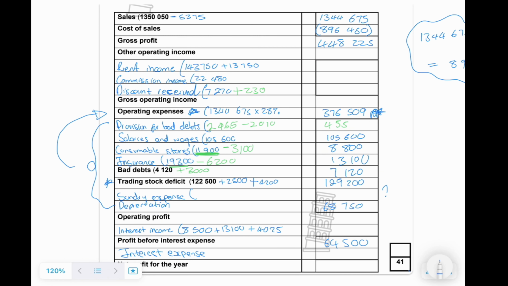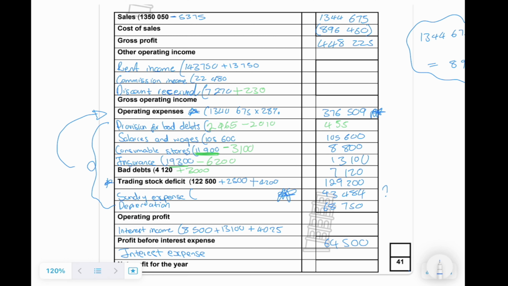You guessed it right. You have to take the total and you minus every single amount in here, and it will give you the sundry expense. So the sundry expense would be 376,509 minus all the other operating expenses, and it will give you 43,484, which is actually a balancing figure.